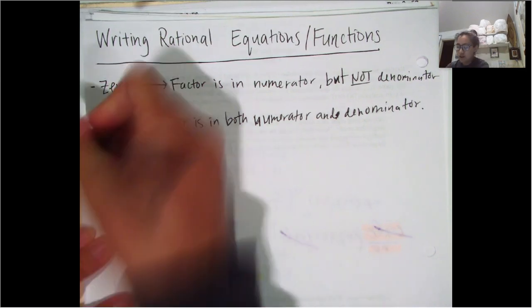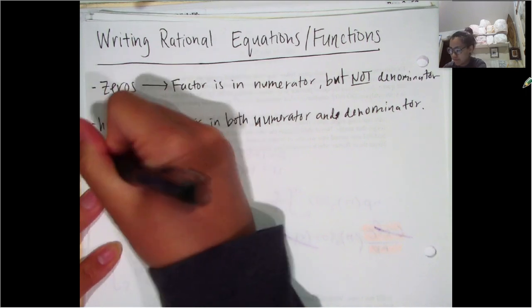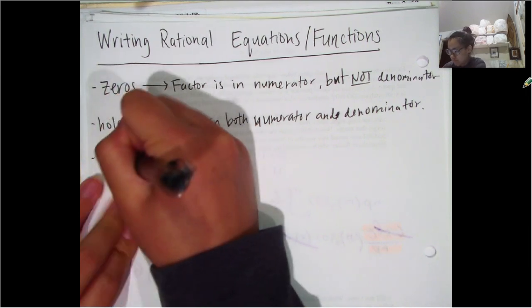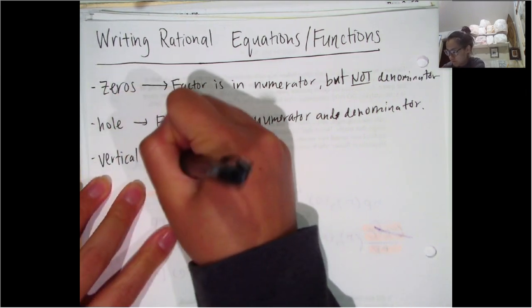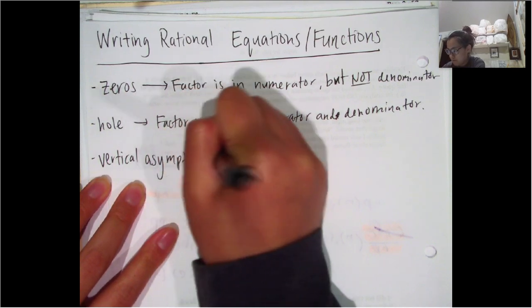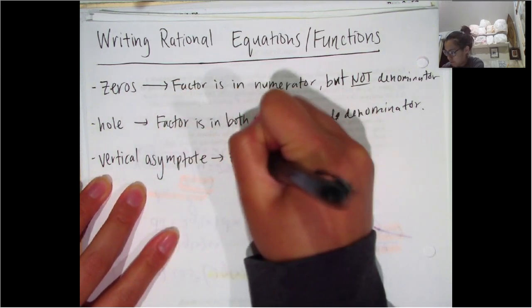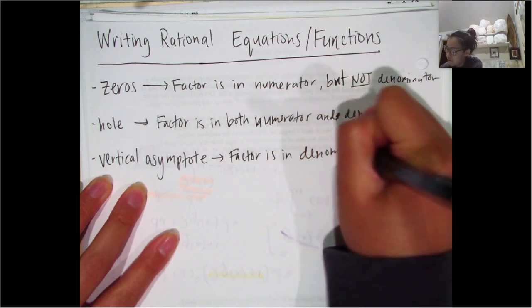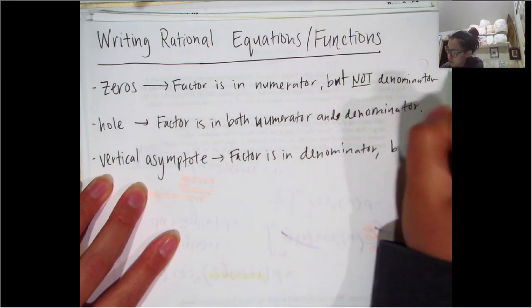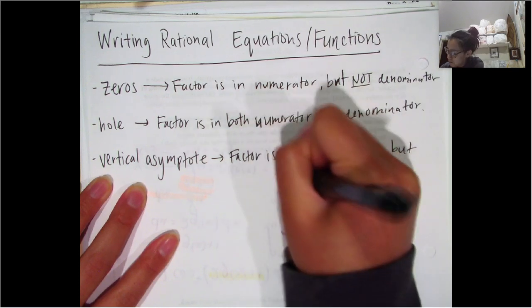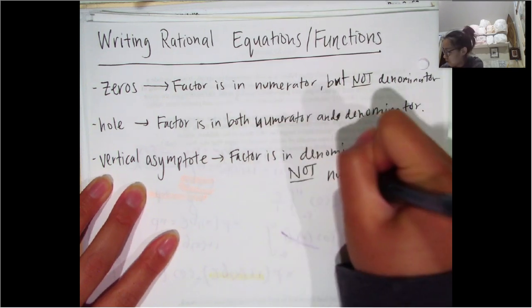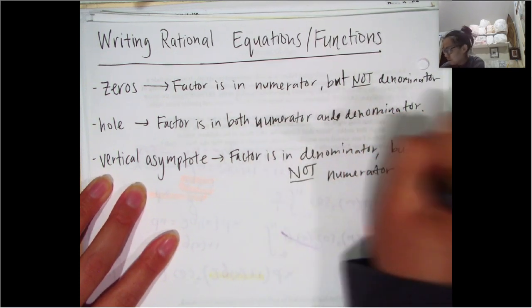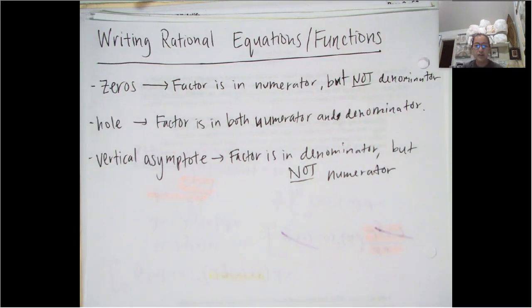Okay, when you have a vertical asymptote, your factor is going to be in the denominator, but not in the numerator.